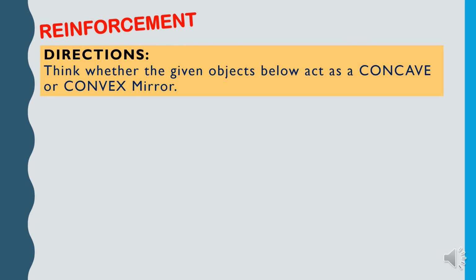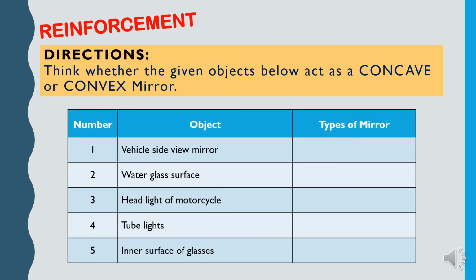Think whether the given objects below act as a concave or convex mirror. 1. Vehicle side view mirror. 2. Water glass surface. 3. Headlight of motorcycle. 4. Tube lights. 5.